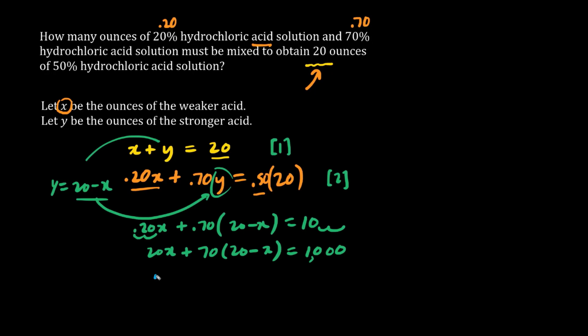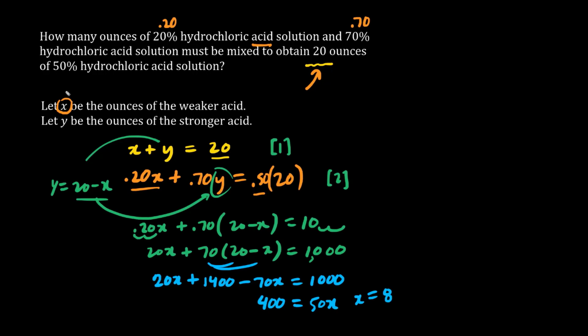We carry on with algebra. 20x plus, using distribution, we have 1400 minus 70x equals 1000. 20x minus 70x is negative 50x. We'll throw it over, so we have 50x on the right, and 1400 minus 1000 is 400. Dividing both sides by 50, we have x equals 8.